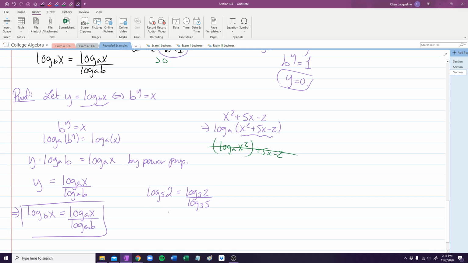We could do that. a can be any number as long as it's positive and does not equal 1. The two common bases are 10 and e, and the main reason is that it works nicely with our calculator. Right, so that is it.